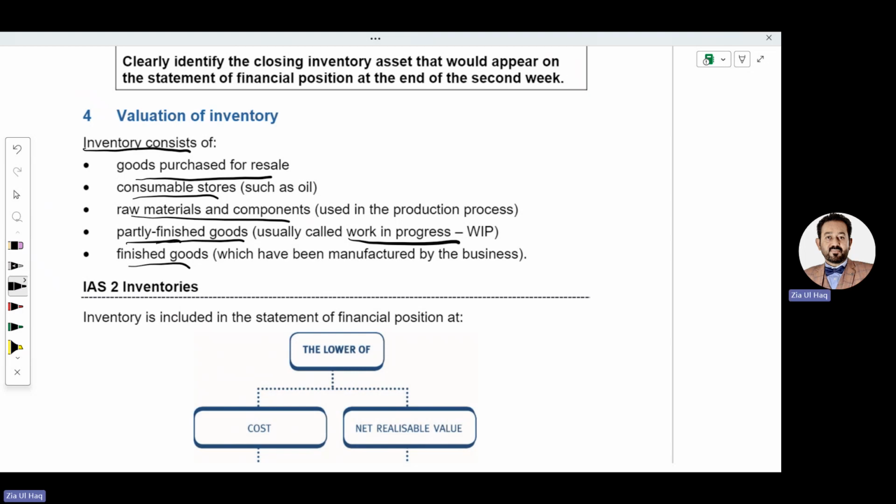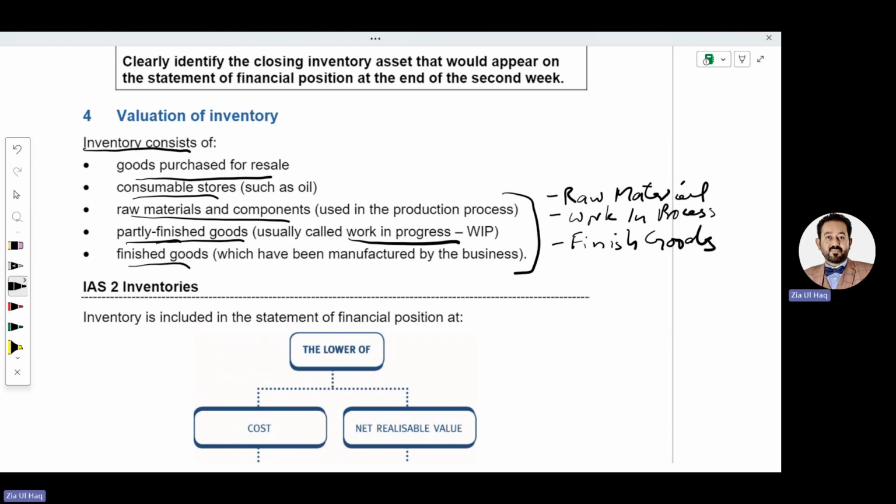So mainly there are 3 types of inventory: raw material, work in process or work in progress, and finished goods. All of these we need to include in inventory.